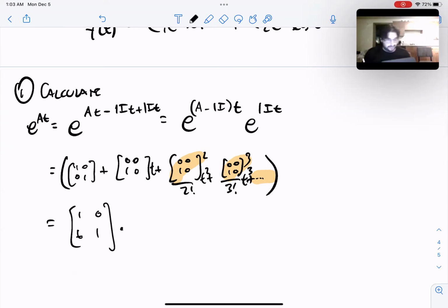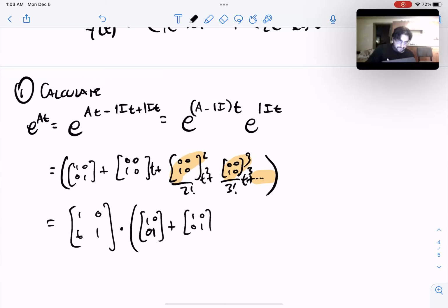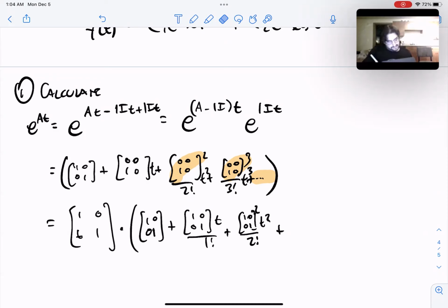Now, what's the second? The second is e to the I t. So this is going to be, again, an infinite series based on the e power series. And here, notice we're putting 1 I t into it.